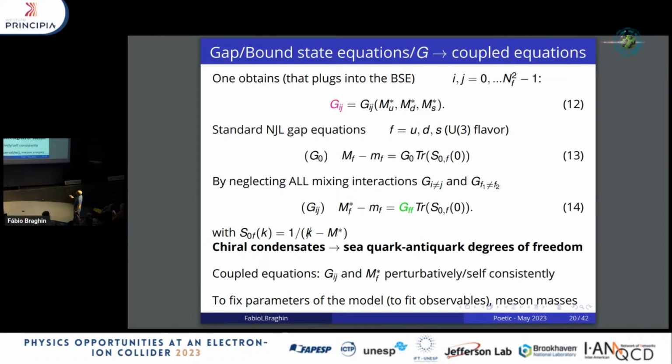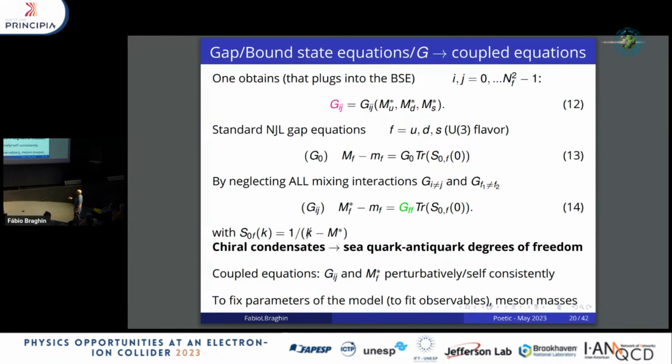So we will have a coupling constant that depends on the effective mass, and the gap equation will be different. This GFF now takes into account all the flavors that are not F here, because these coupling constants all depend on all the quark effective masses because of flavor breaking.